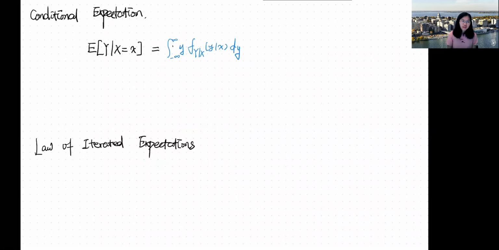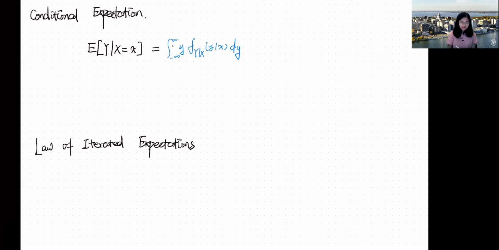Now that we have conditional distribution defined, we can define conditional expectation. Just like expectation is a summary quantity of the distribution, conditional expectation is also a summary of the conditional distribution.